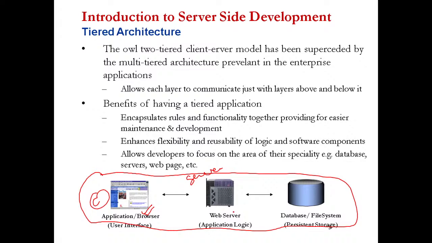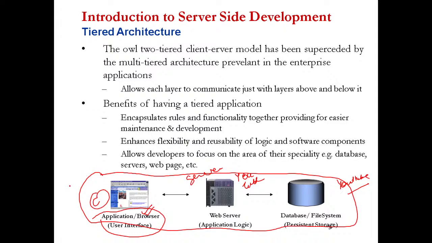And what we get from this client-server architecture: suppose I want to access, let's take the example of a YouTube video. The YouTube video is stored in a database on the YouTube server. So how are we accessing it? Through an application browser.